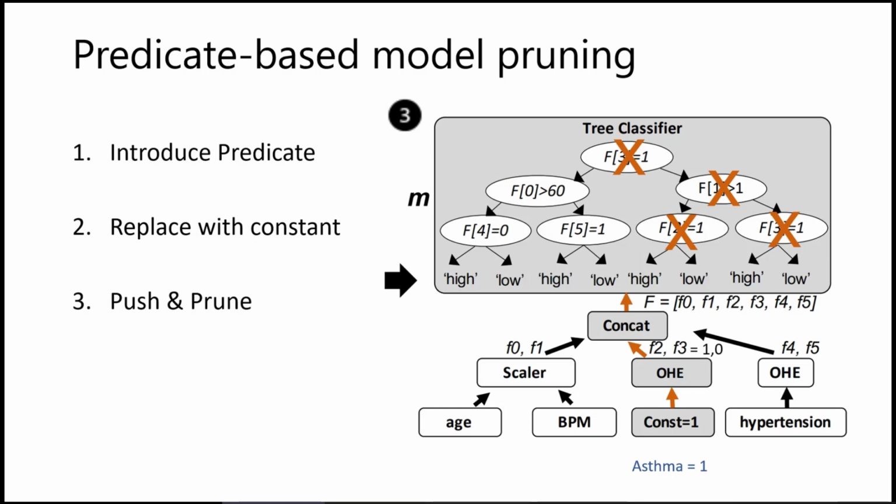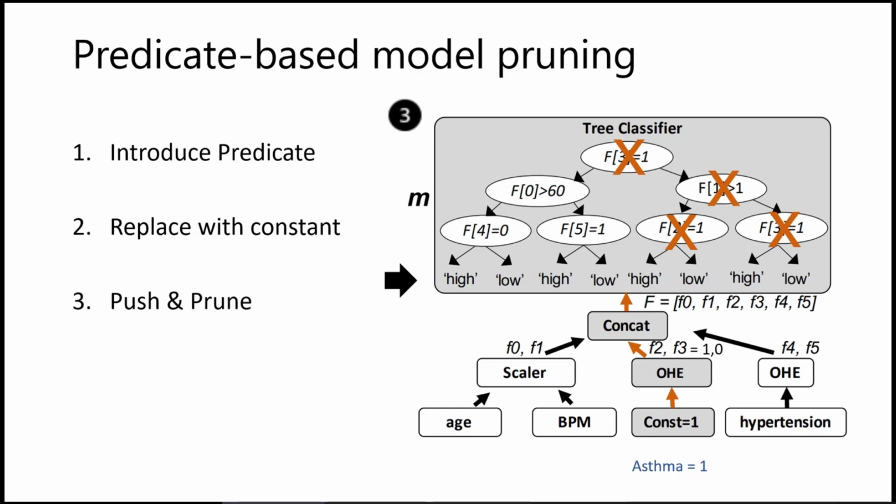And what happens once we place 1 here is our one hot encoder gives us this encoding where F2 is equal to 1, F3 is equal to 0. And then we see that the concat node adds all my features together, so F0, 1, 2, 3, 4, and 5 forms a vector.